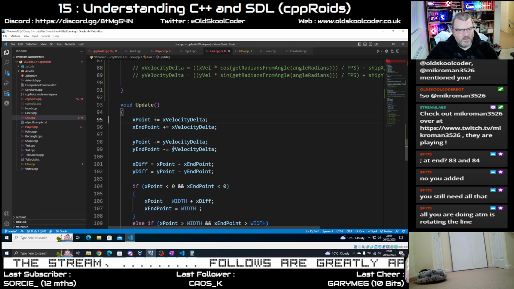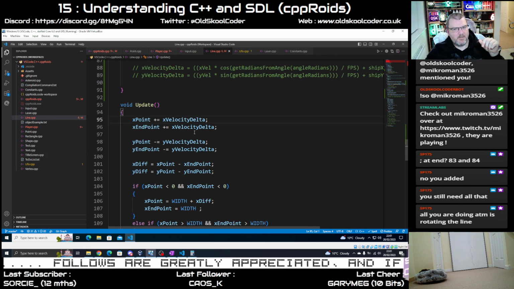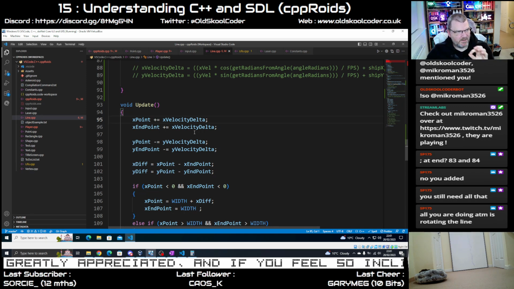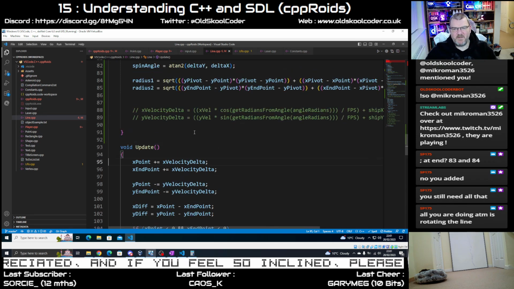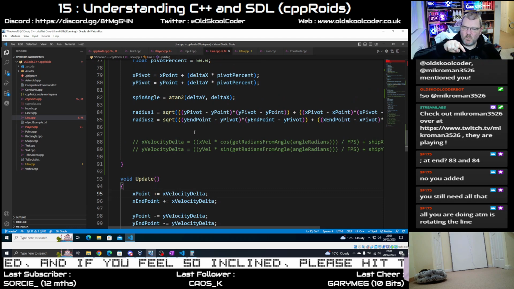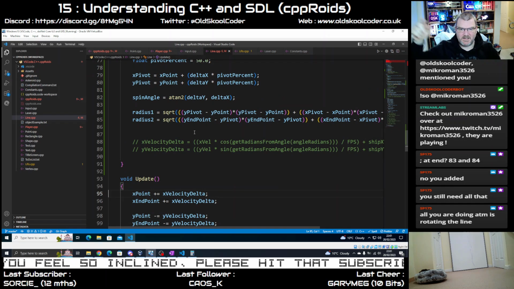Yeah, I know we need all this, but we're no longer affecting the x point and the end point. We are adding the velocity to the midpoint. The midpoint, that is our location now. Our pivot point. That's the one that's going to have the velocity affecting it.